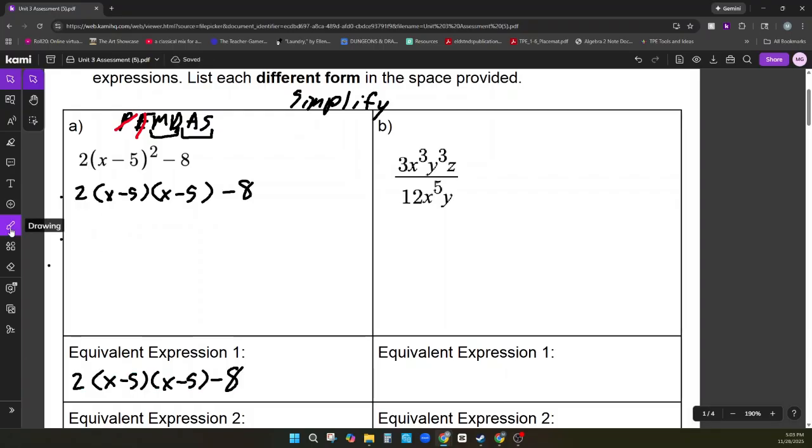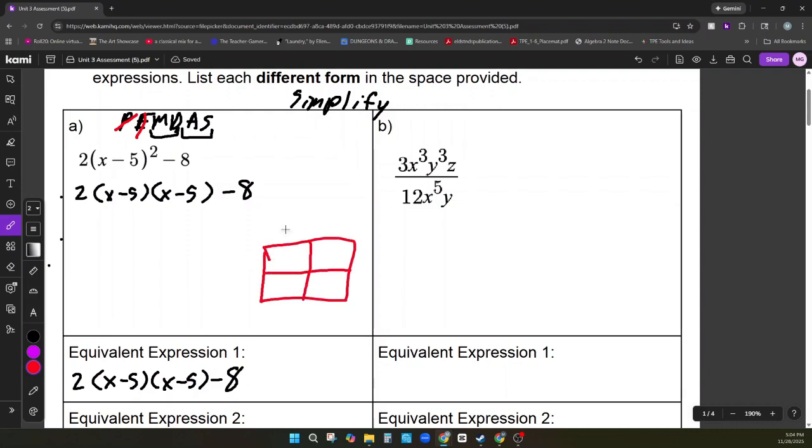Right here, I said I could have multiplied out my two parentheses. And what I would have gotten was, and we do our side work in red, if I did x and -5, x and -5, this would give me x squared, -5x, -5x, and positive 25, which then would have given me 2x squared, -5x and -5x give me -10x plus 25 minus 8.